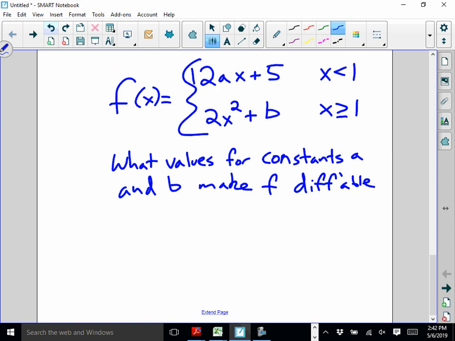Well, sometimes they'll give us two letters, and they'll say what makes this differentiable. Okay, so we need to come up with two equations here. If f is differentiable at x equals 1.